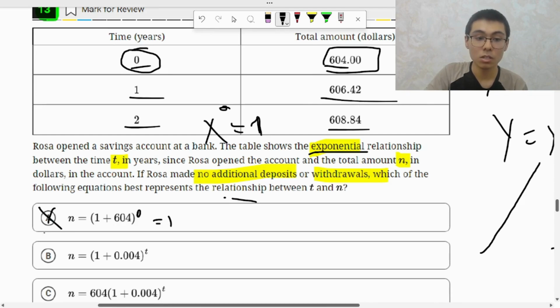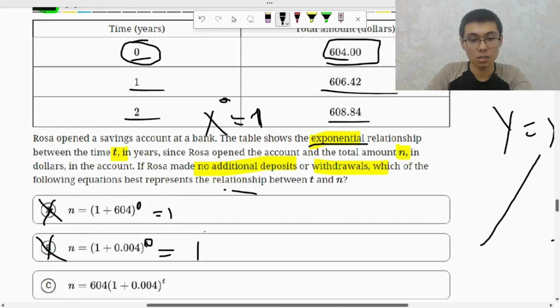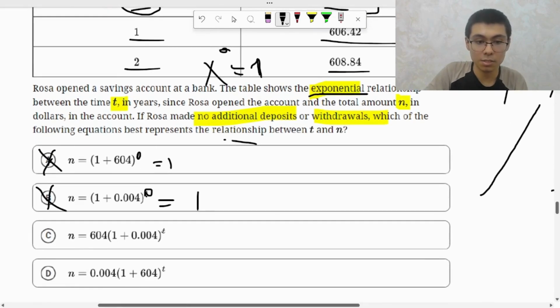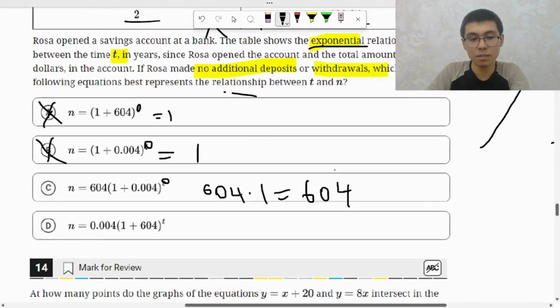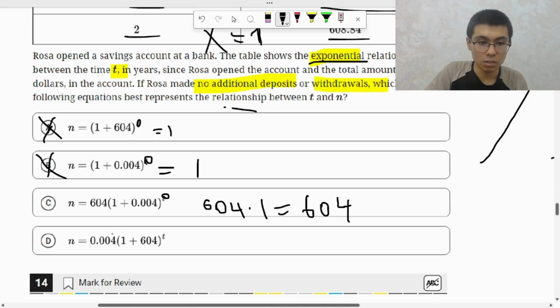A is wrong. So that's an easy check, right? Here as well, anything in the power of 0 is gonna equal 1. So B is wrong. And let's have a look at C. 604 multiplied by 1 is gonna equal 604. That is correct, right? But still, let's have a look at choice D. This one has 0.004, and D is wrong as well.